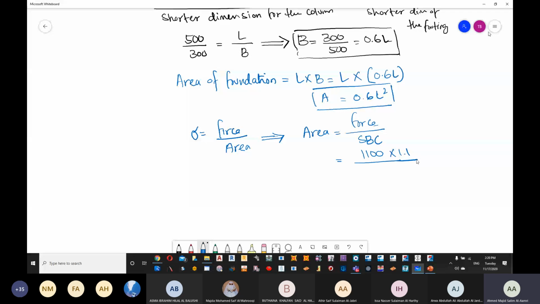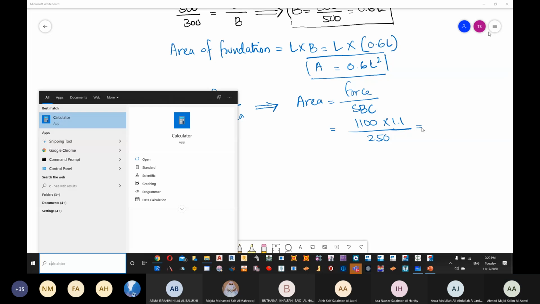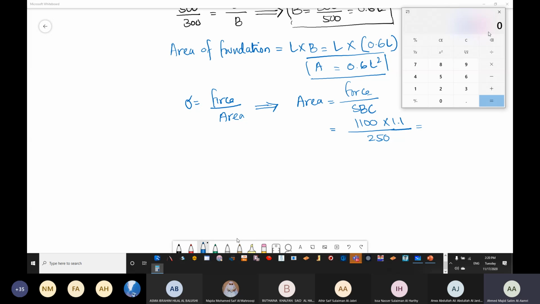So 1,100 multiplied by 1.1, as in previous classes, divided by the safe bearing capacity, that's 250. So 1,100 multiplied by 1.1 divided by 250 is going to give you 4.84 meters squared.